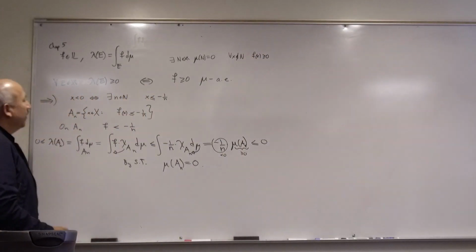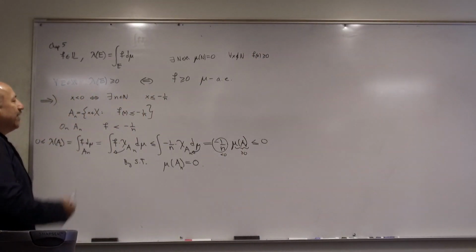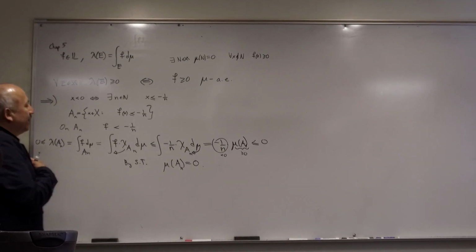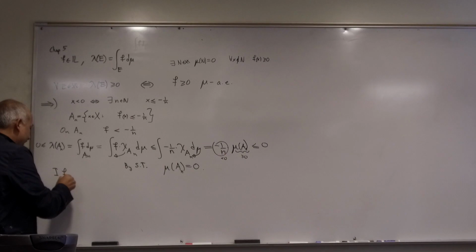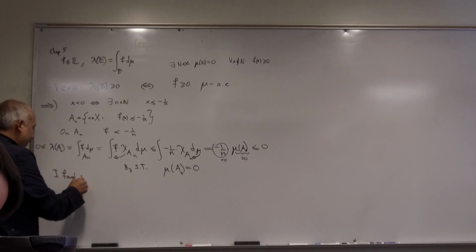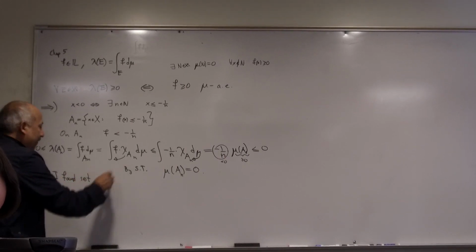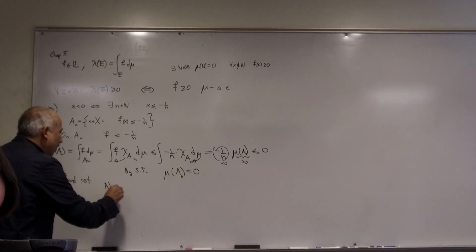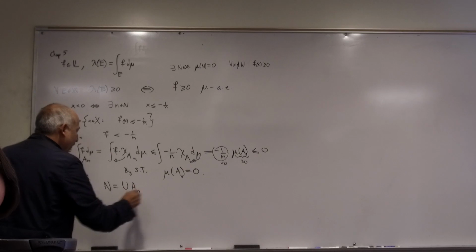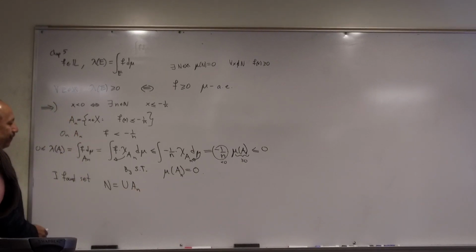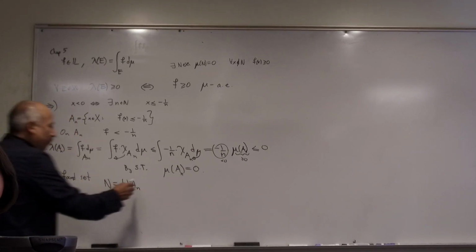Yes? So in other words, I'm looking for a set. I claim that I found it. I found the set, and the set N is equal to the union of all these A_n. Now clearly, what is the measure?